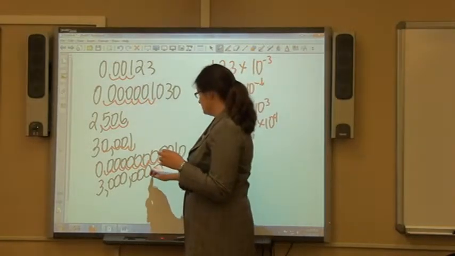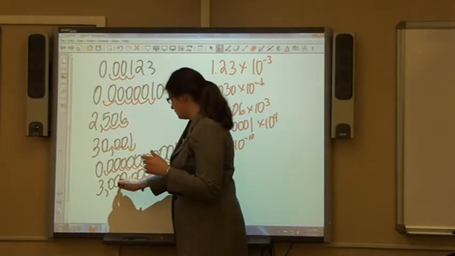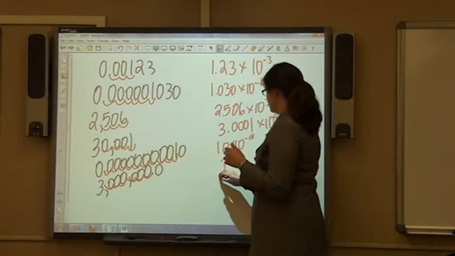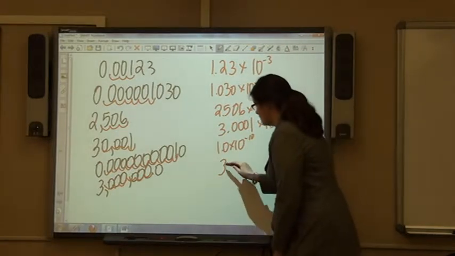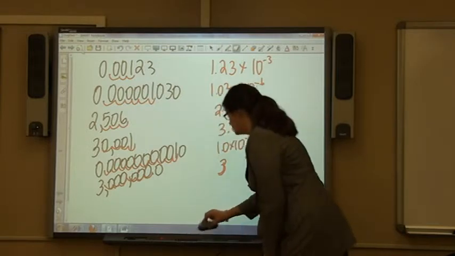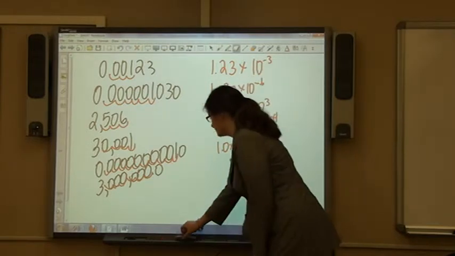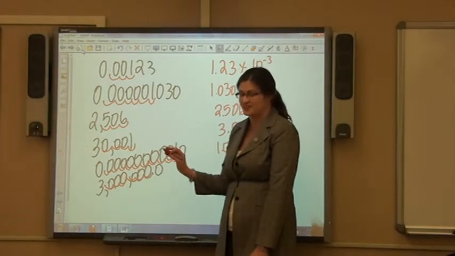Here we have 3 million. We're going to move our decimal point 6 times. 1, 2, 3, 4, 5, 6. 3. And now, this is where the trick comes in. You have to write down all of the numbers in your scientific notation that are significant in your number. There's a decimal point here, so all those zeros are significant.